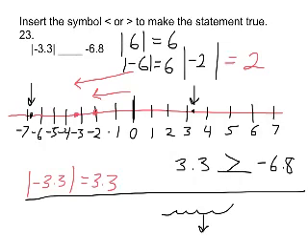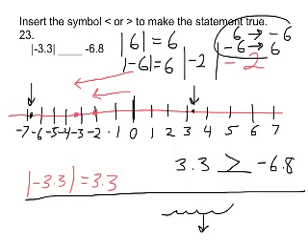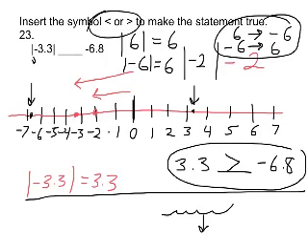However, the opposite of 6 is a negative 6. The opposite of a negative 6 is 6. So it's different than the absolute value. But anyway, here they want us to insert which of these symbols. And this one is 3.3. The absolute value of negative 3.3 is 3.3, and that is greater than a negative 6.8.